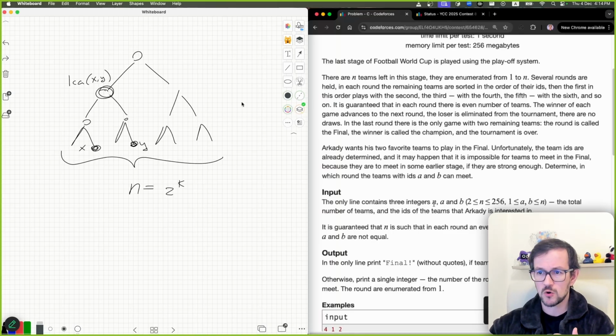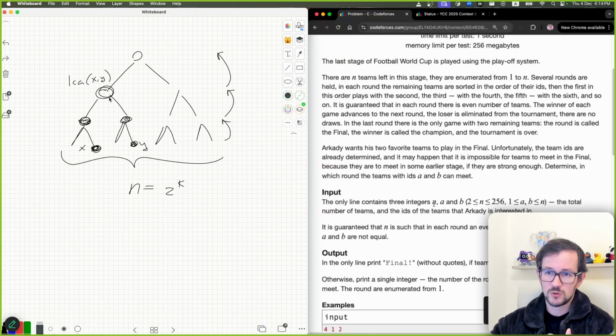I will just go from level to level. I believe you can do it with some bit magic as well. And just remember which node they both belong to. So I move from these two nodes to these two nodes, and I just move up until I reach the same node. You can move up just by dividing by 2.